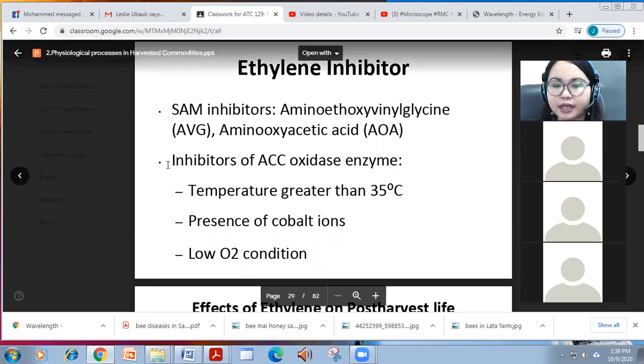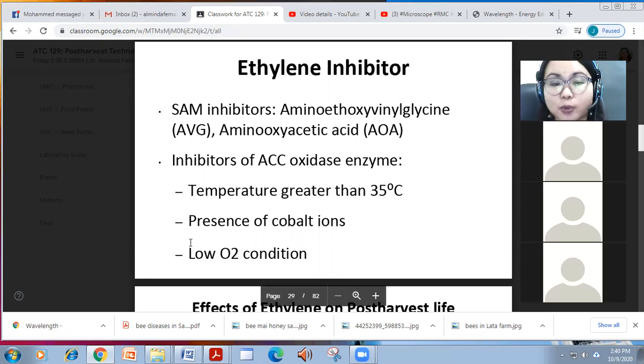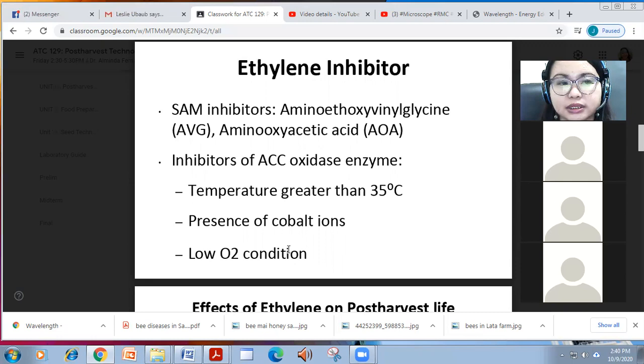These are some inhibitors, including inhibitors of the enzymes that produce the precursor of ethylene. Temperature higher than 35 degrees Celsius will inhibit the ACC oxidase enzyme. Also the presence of cobalt ions and low oxygen, again, low oxygen condition.